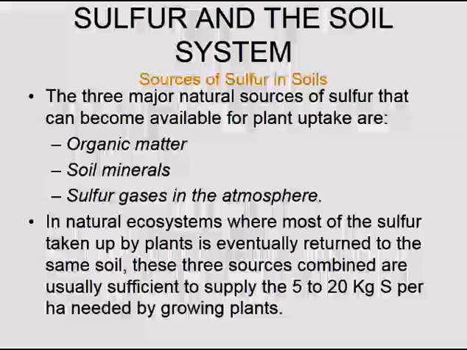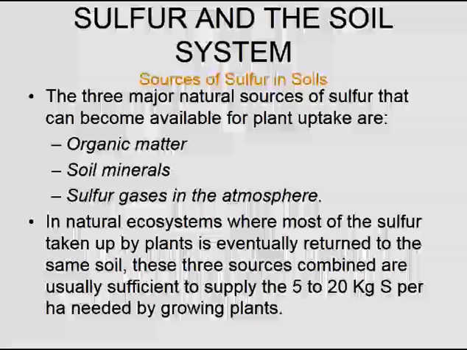Let's talk about sulfur here for a little bit. Believe it or not, sulfur and nitrogen are actually close cousins in the soil. They behave a lot the same. There are three main pools of sulfur in the soil system: organic matter, some in the soil minerals, and lastly some in gases in the atmosphere.